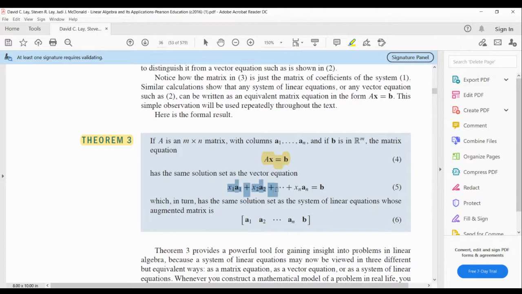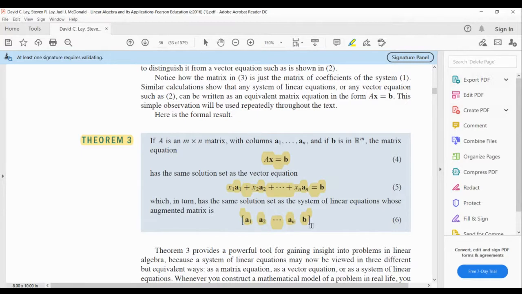That matrix equation is the same as this vector equation, and the vector equation can be represented as the augmented matrix that has columns A1, A2 up to AN. The column vectors A1, A2 up to AN are the column vectors of the matrix A.